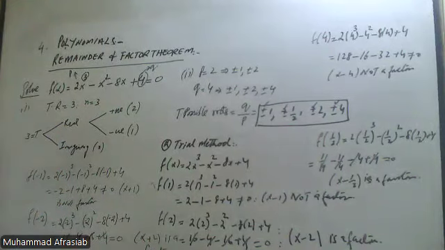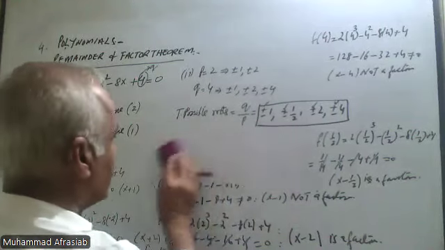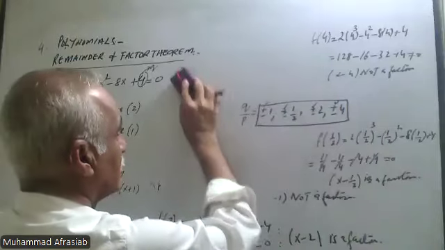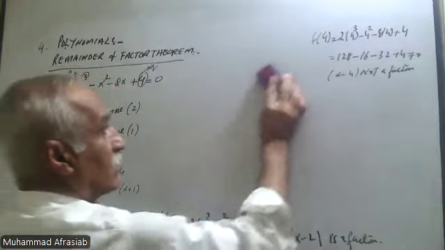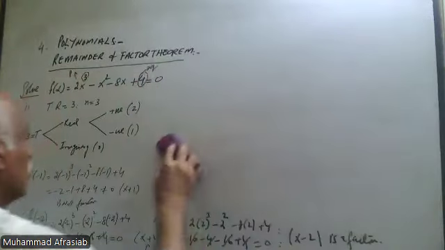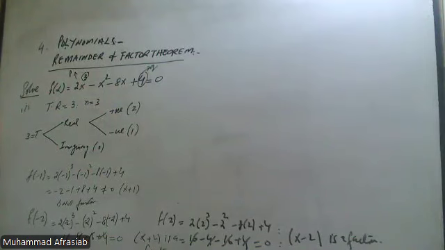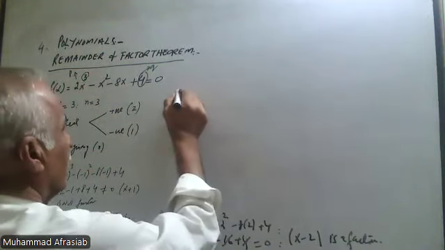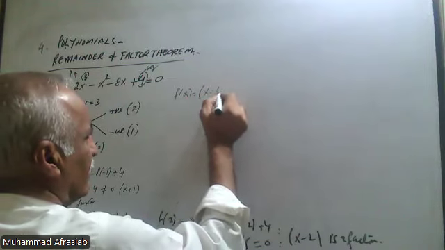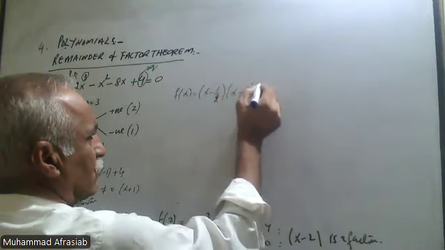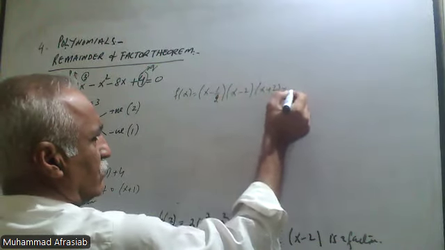So we have calculated that there are three factors of this, which we have already calculated. Two are positive and one is negative. And now we will solve it completely. f of x is basically equal to x minus half into x minus 2 and x plus 2 equal to 0.